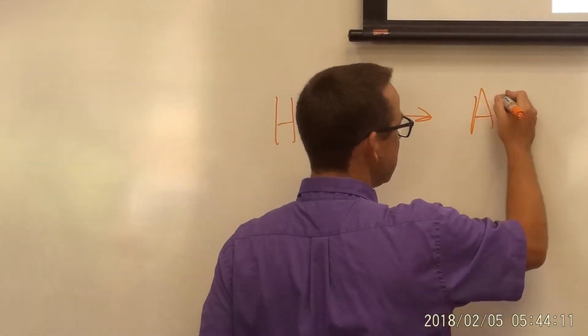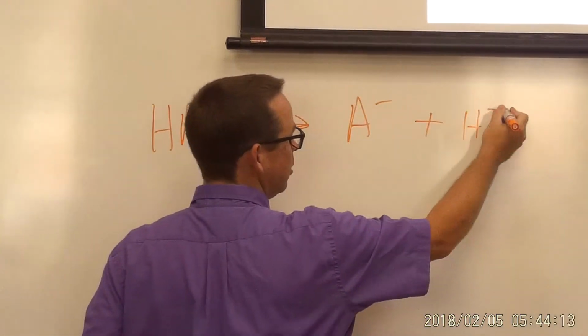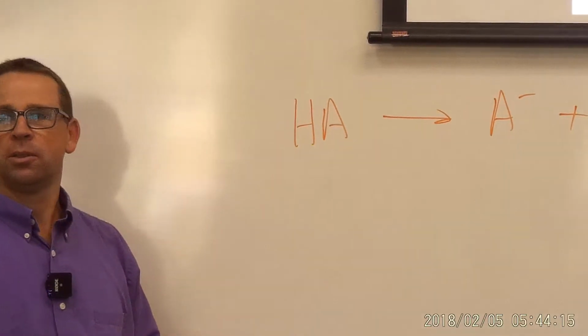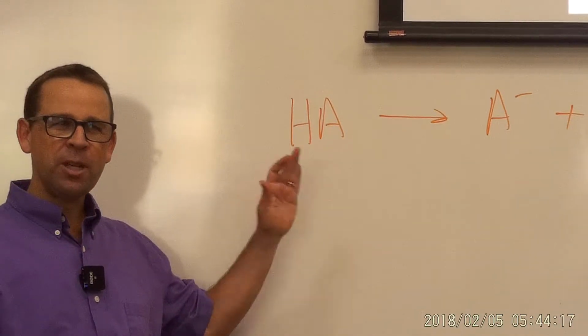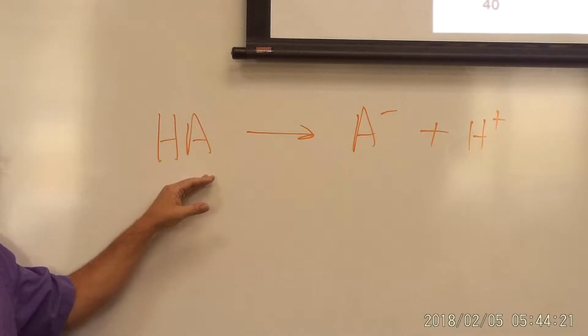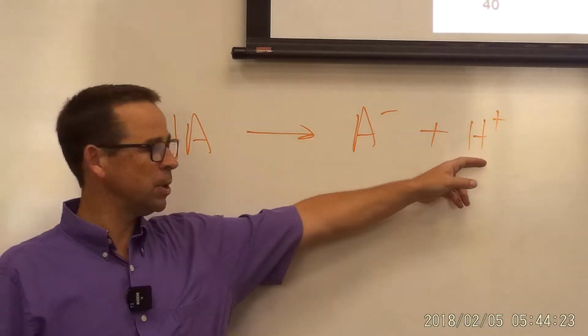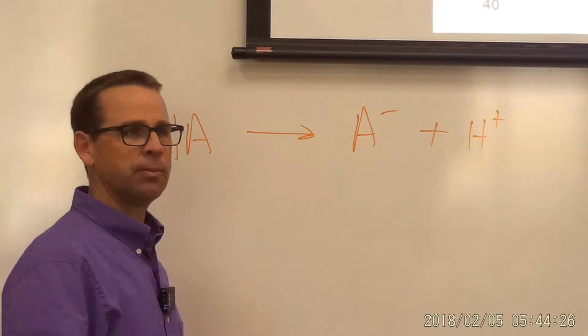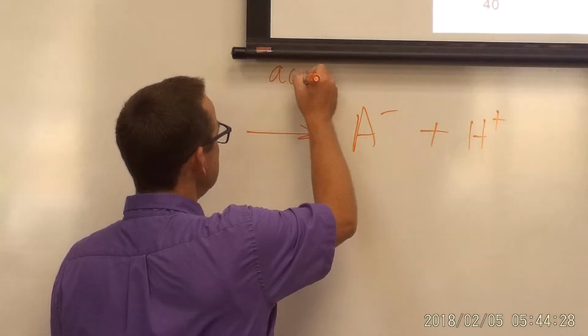A minus is left and H plus. The definition of an acid is a molecular compound that when placed in water, will dissociate to release the H plus ion. That's what an acid is.